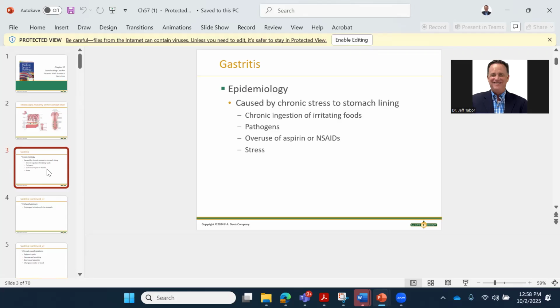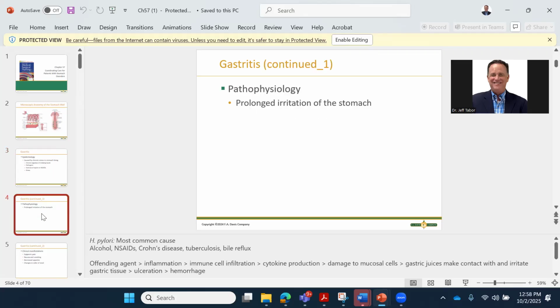And also, as we mentioned, though, you would expect H2 antagonists or PPIs to be used to decrease the risk of reflux, which may lead to aspiration pneumonia with ventilated patients.